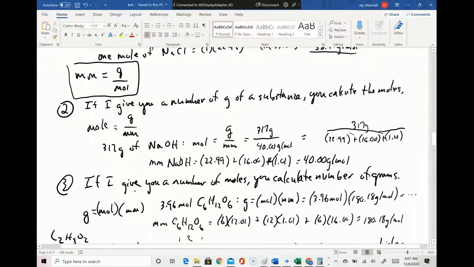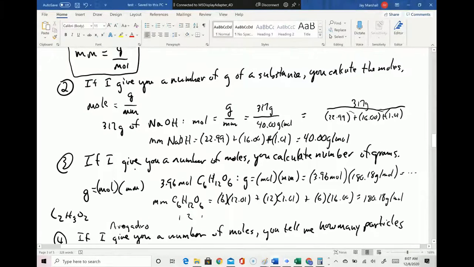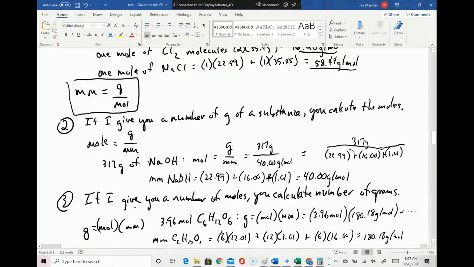Okay, and then we said, if I give you a number of grams of a substance, you can calculate the number of moles. And what I've said that I'll do is give you this formula for molar mass, grams, and moles. What's the relationship between the molar mass and the grams and the moles?